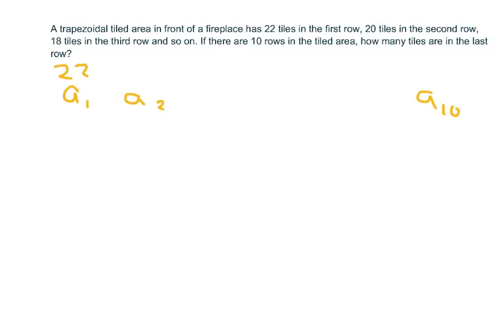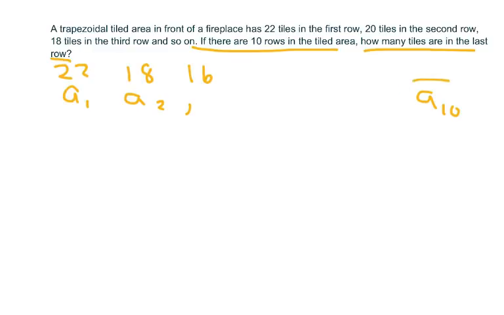The second row has 18, and it keeps going down by 2s. So the next one would be 16 and so forth. Now that we know that, there's 10 rows. How many tiles are in the last row?